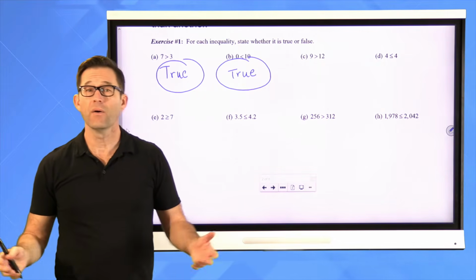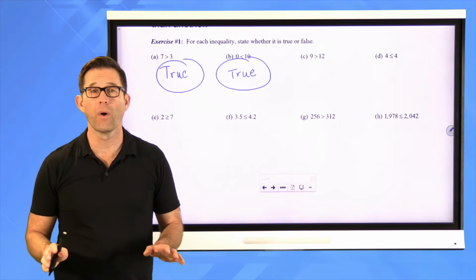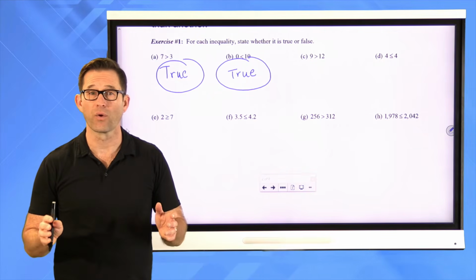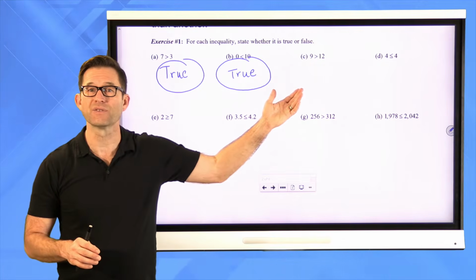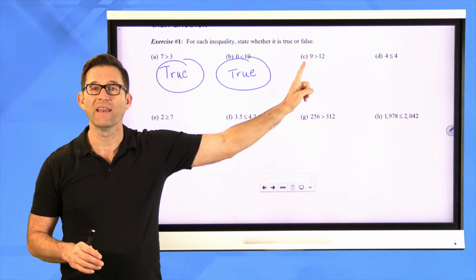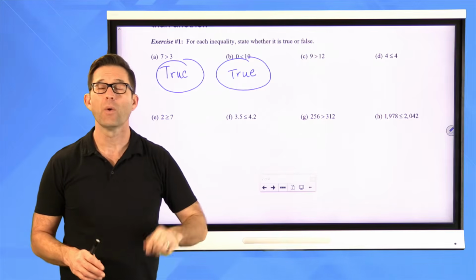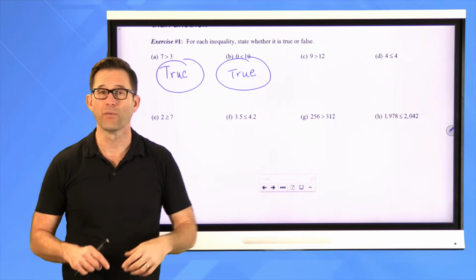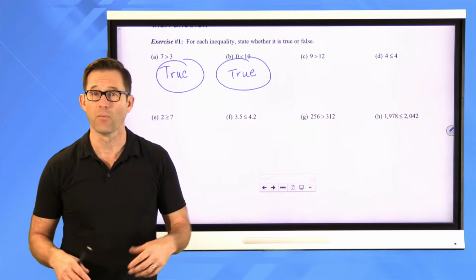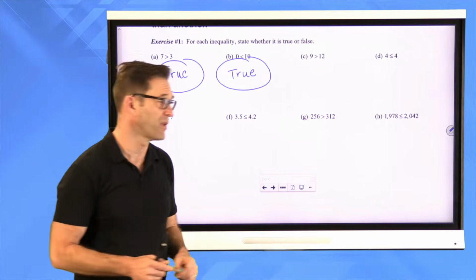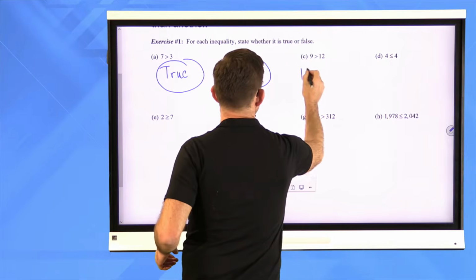Now, our first two were true, but an inequality, just like an equation, could be false. For instance, in letter C, we have the inequality 9 is greater than 12. Well, 9 is certainly not greater than 12. If we had 9 people in one room and 12 people in another room, then there would be more people in the room with 12 than with 9. So this is false.